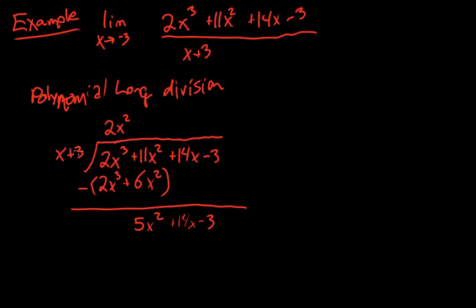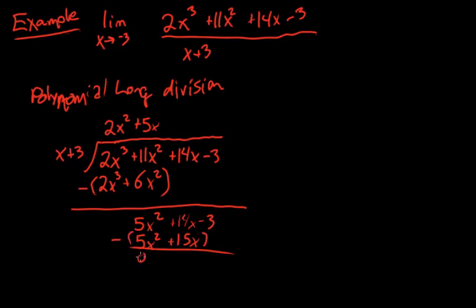Then we need to figure out how many times does x plus 3, or how many times does x really, go into 5x squared. Well, let's see, that would be 5x times, so plus 5x. So it'll be 5x squared plus 5x times 3 is 15x. And if we subtract that, we get 0 there.